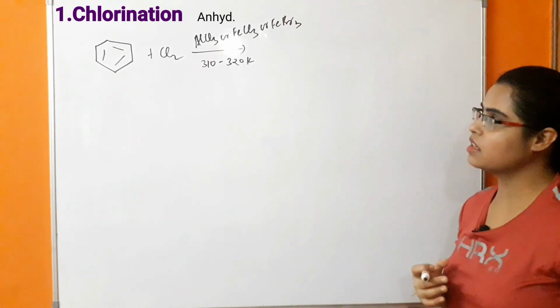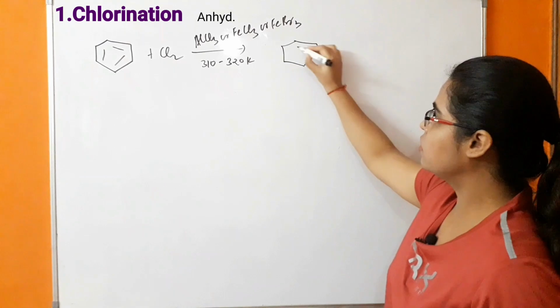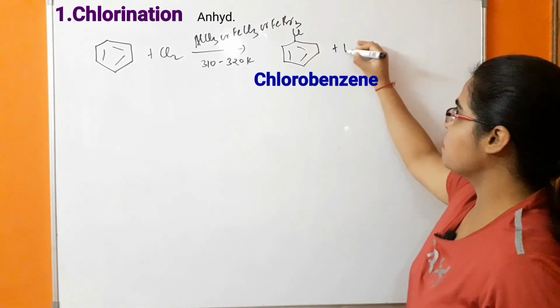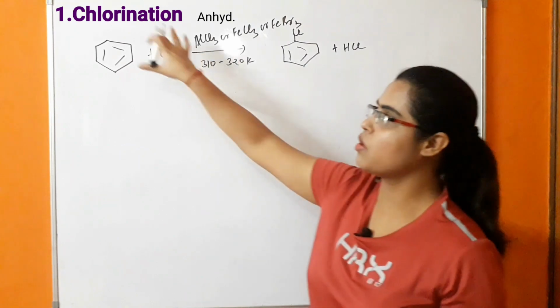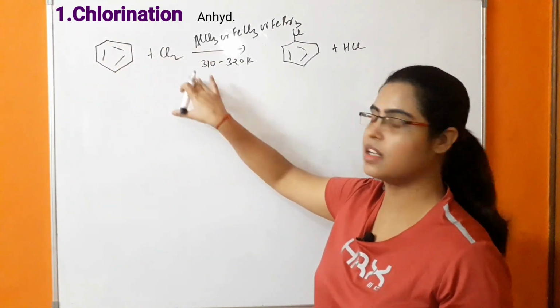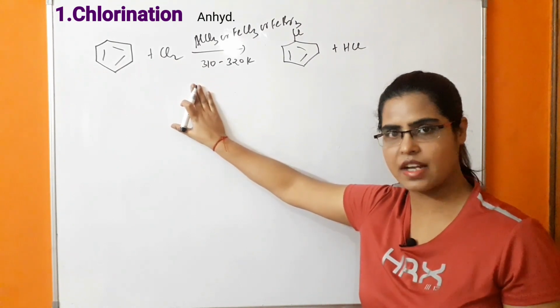There will be formation of chlorobenzene and removal of HCl. One of the hydrogens of benzene is replaced by chlorine, so this reaction is known as a substitution reaction.